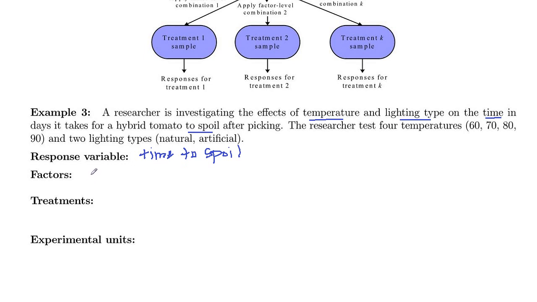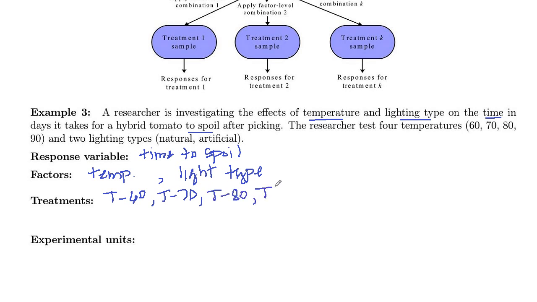So our factors here, those are the variables, are going to be temperature and light type. And then the treatments, these are the factor level combinations here. If you'll let me use T for temperature, we could have temperature 60, temperature 70, temperature 80, temperature 90.